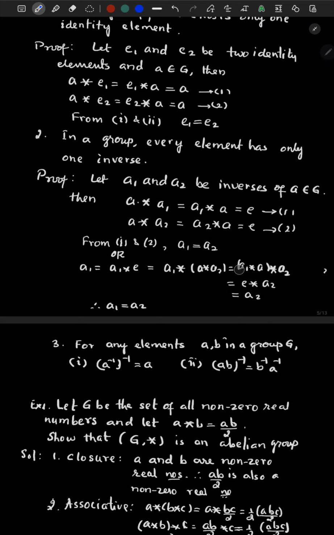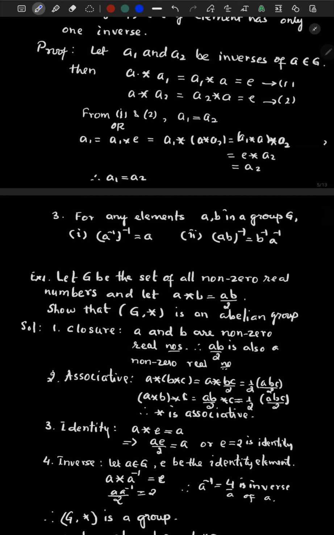Now you can associate A1 and A. A1 star A is E, because A1 is considered as an inverse. So A1 star A gives you E. E star A2 will be A2, because E is an identity element. So here the left side is A1 and the right side is A2. So A1 is equal to A2.